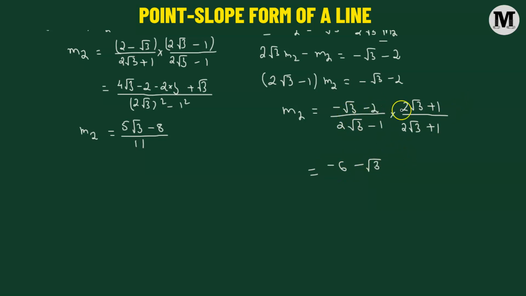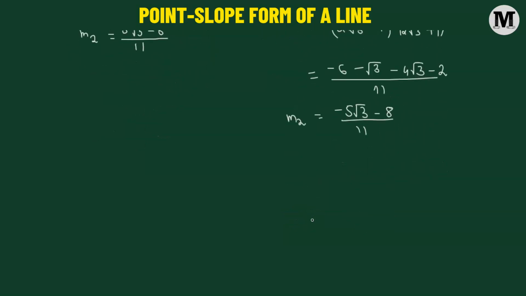Then negative 2 multiplied to 2 times square root of 3, so that's negative 4 times square root of 3. Negative 2 multiplied to 1 is simply going to be negative 2. The whole divided by the product of these two, that's going to be nothing but 11. So we now finally get negative 5 times square root of 3 minus 8 divided by 11. So that's the value of m2.